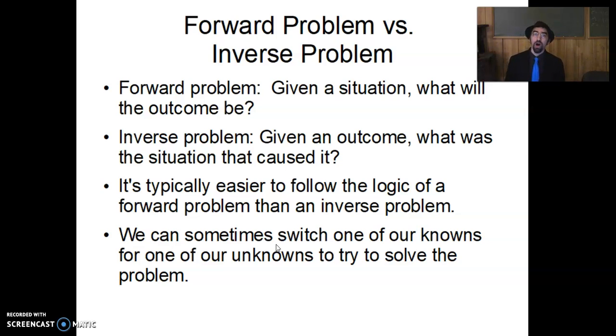So here we know that the rocket reached 960 meters, and we want to know how long the engines were on in order to do that. It's typically easier to follow the logic of a forward problem than an inverse problem, because you can follow the causation. You can say, this makes this happen.